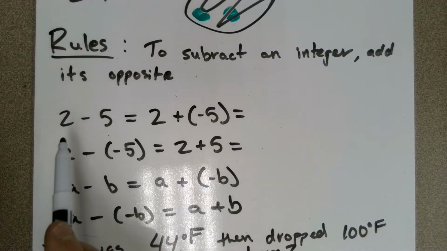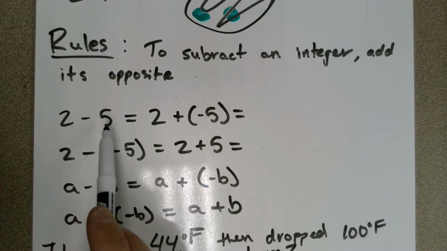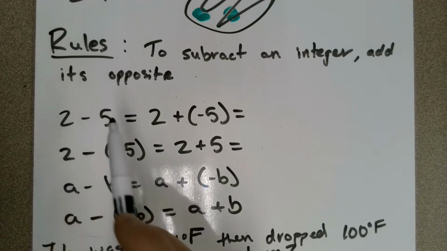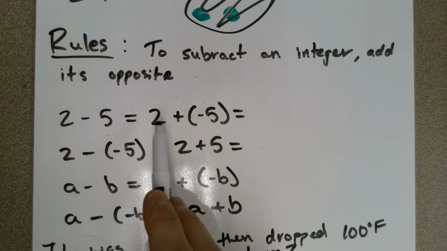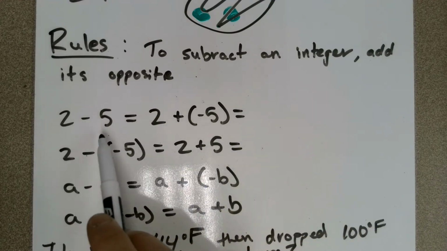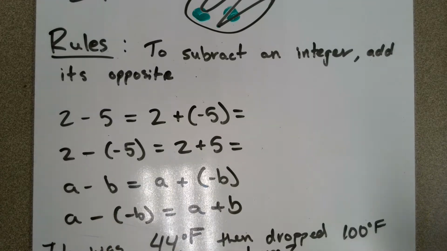Okay, so to subtract an integer, we have two integers, 2 minus 5. They're telling me that this rule is I could add its opposite. So I know that this is a 2 minus a positive 5. So I did 2 added its opposite. I know the opposite of 5. We talked about this yesterday.